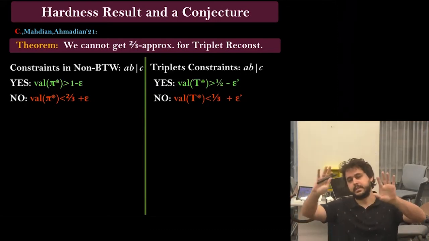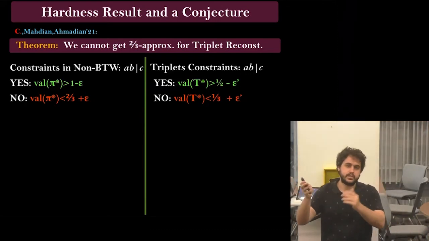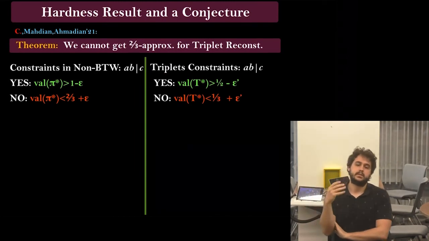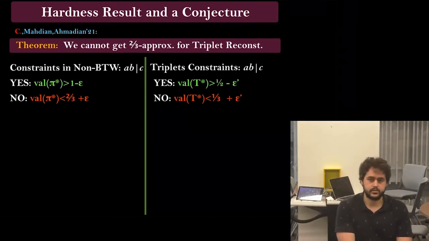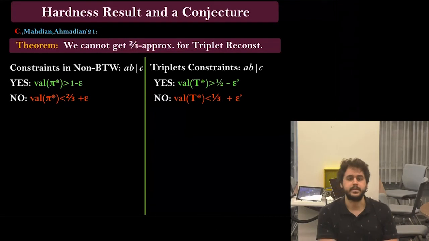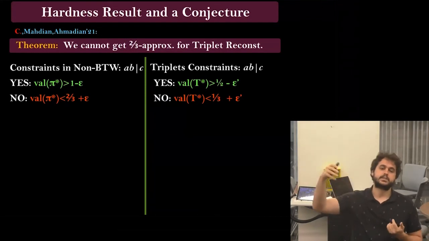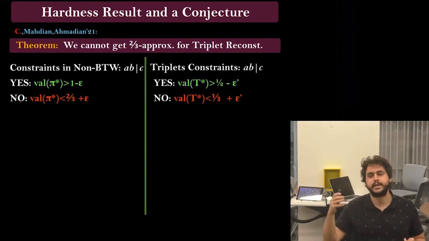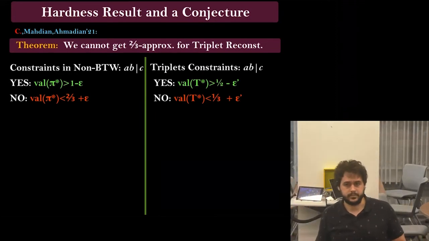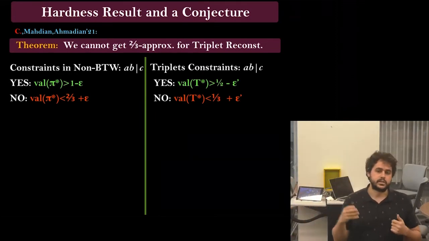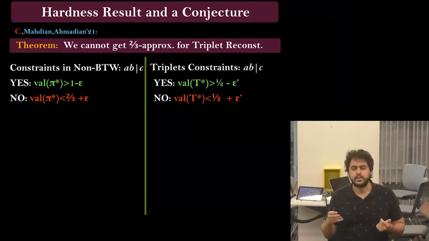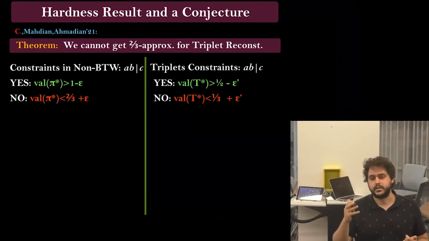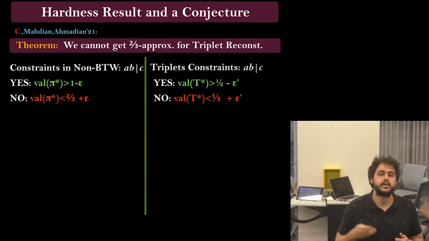And for the triplet problem, using this result, we can get a similar reduction, a similar gap instance, where in the yes instance we have a triplet reconstruction problem where the value of the tree is more than 1/2 minus epsilon, right? And the no instance is less than 1/3 plus epsilon prime.